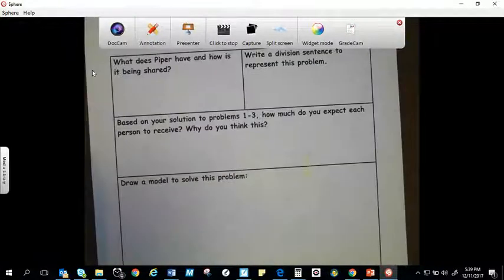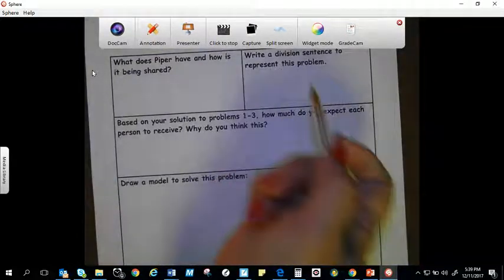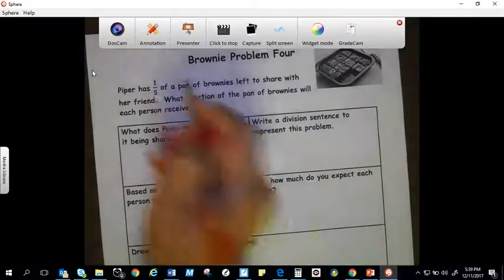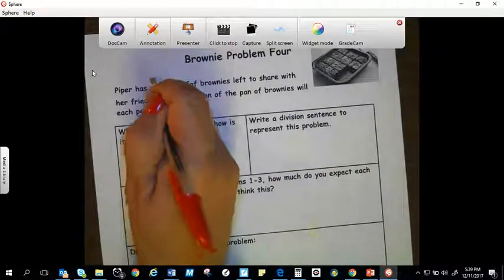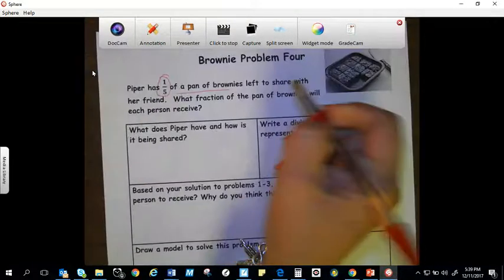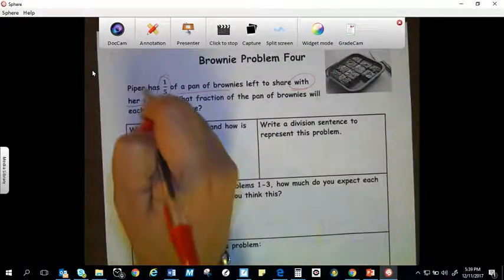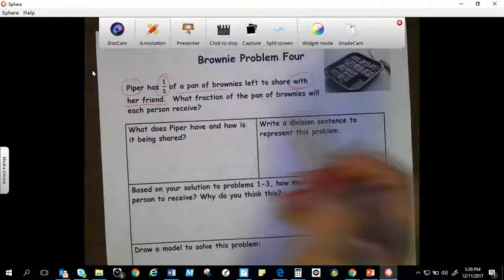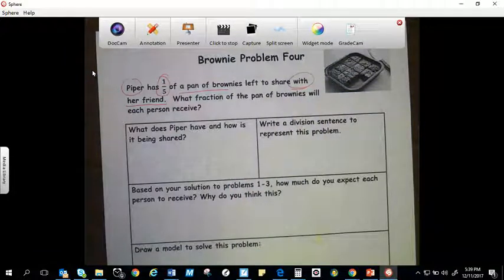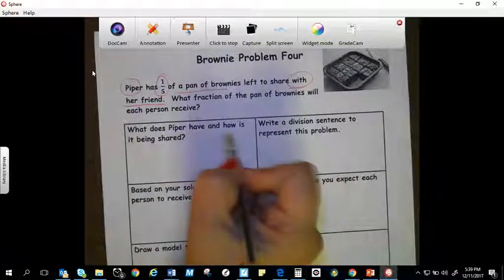All right, let's take a look at problem number 4, our final problem tonight. Piper has 1/5 of a pan of brownies left to share with her friend. What fraction of the pan of brownies will each person receive? Okay, so what does Piper have?